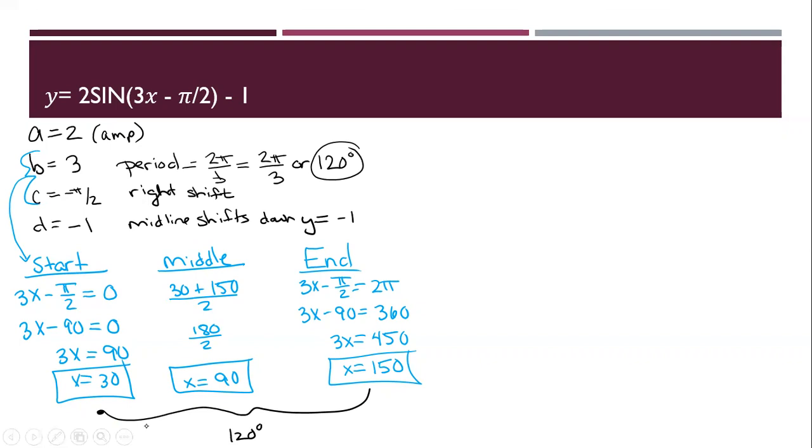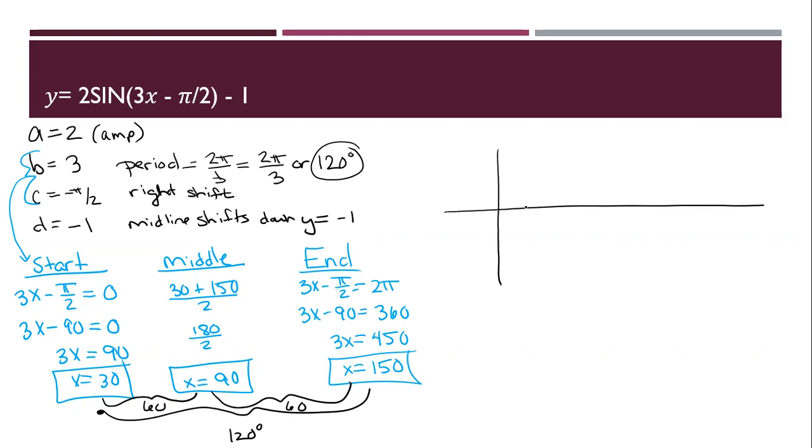If the whole wavelength is 120 degrees, then half of the wavelength is 60 and the other half is 60. Did I calculate that correctly? Yeah, from 30 to 90 is 60 degrees and from 90 to 150 is 60 degrees. So I'm starting at 30, ending at 150, and halfway in between is 90.